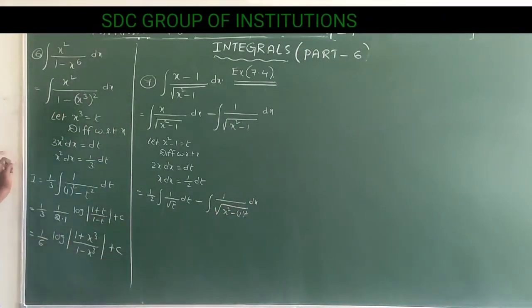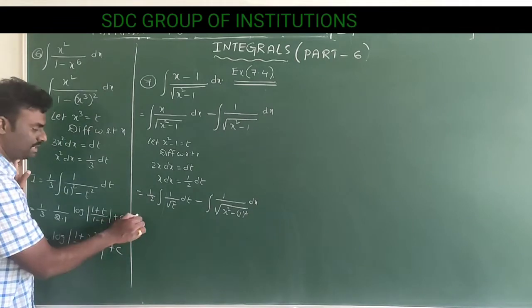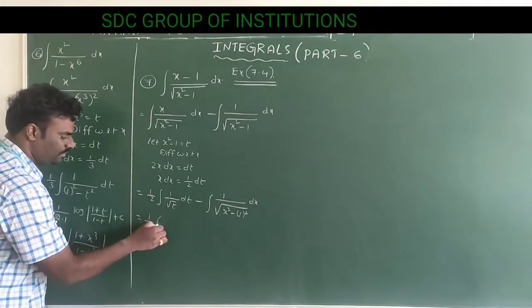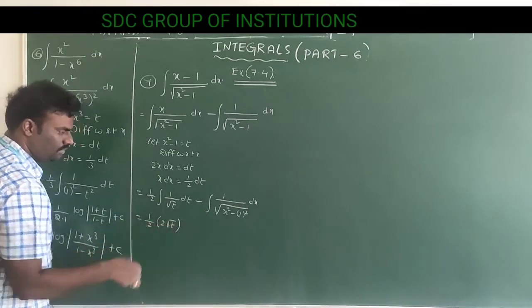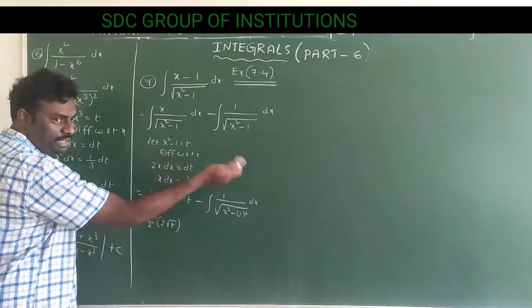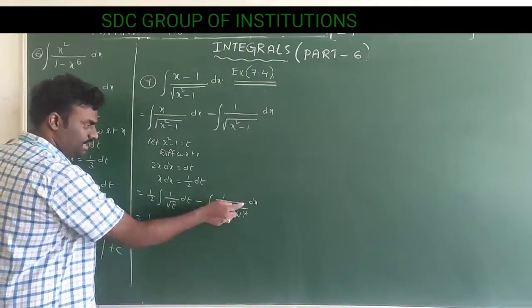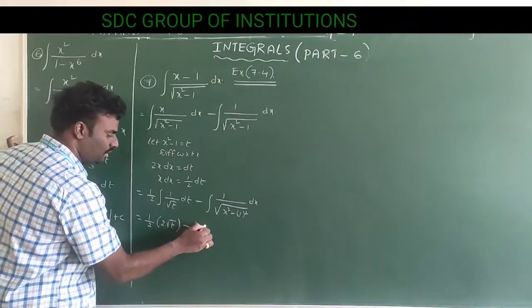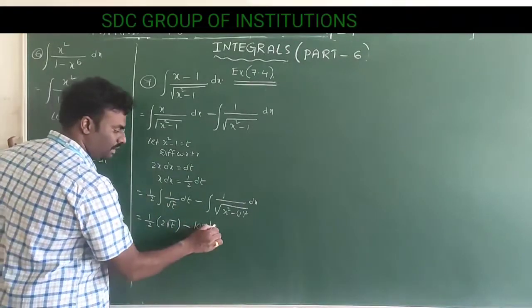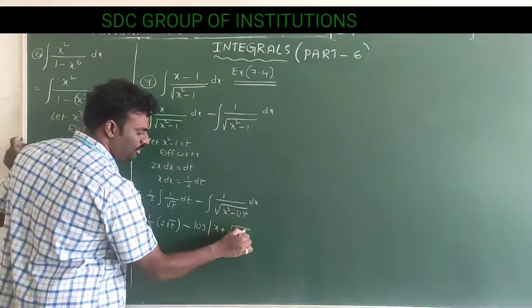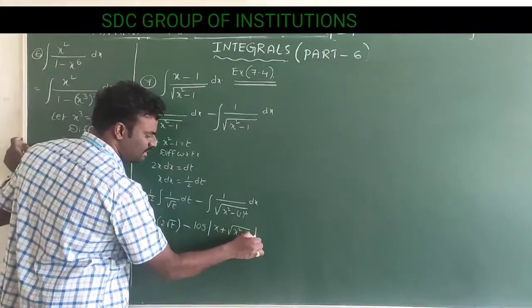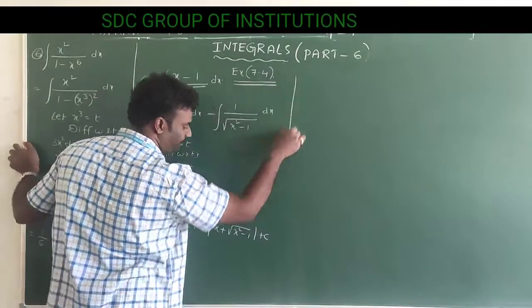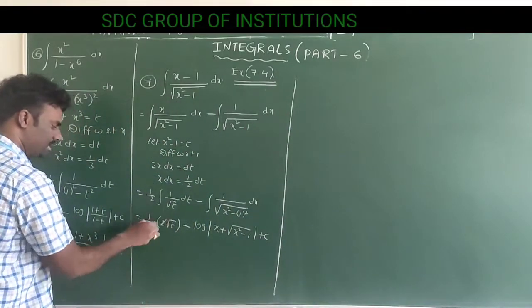What is the formula for integration of 1 by root x to root x? Actually the constant will come, I am taking a single constant. Minus, it is in the form of 1 by under root of x square minus a square, log mod x plus under root of x square minus a square plus c. Now here 2 gets cancelled.